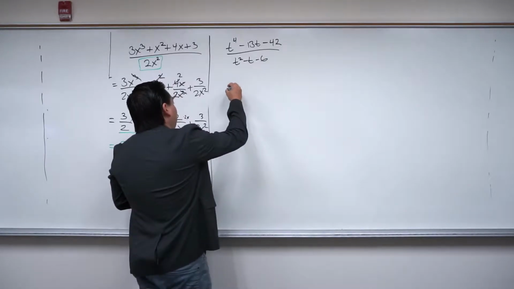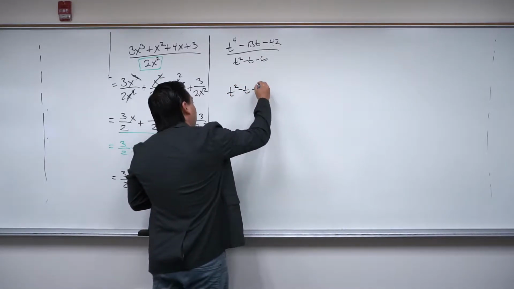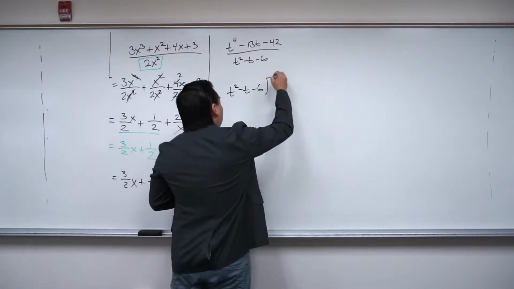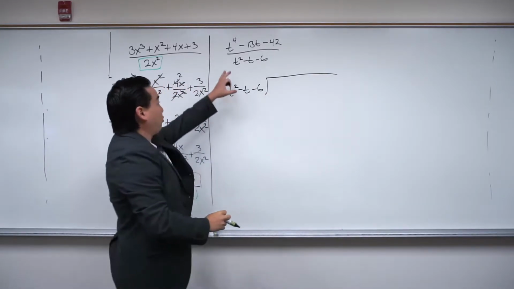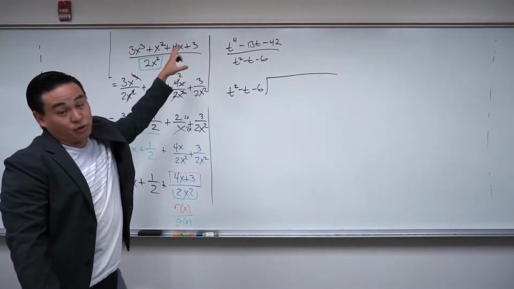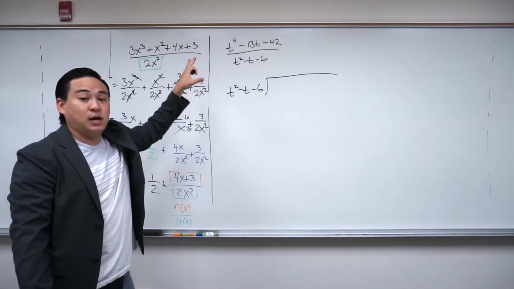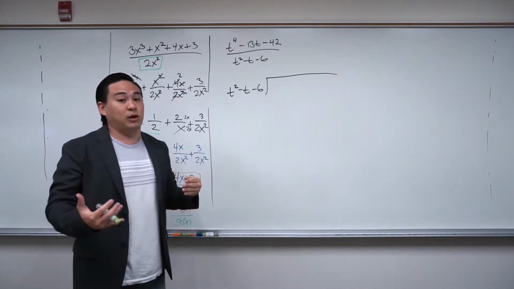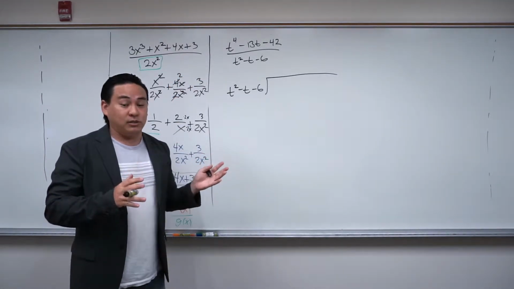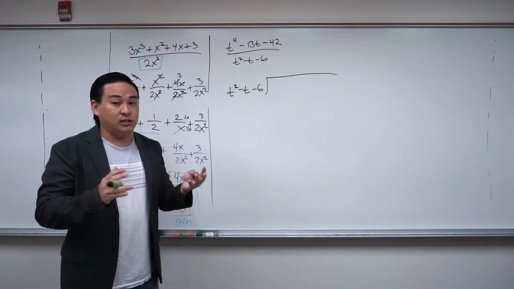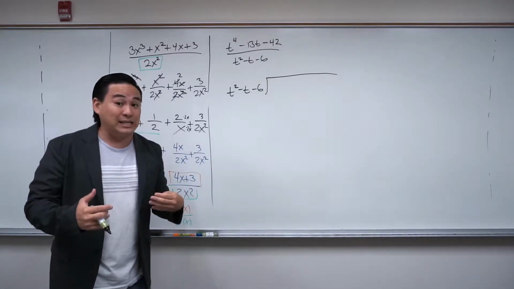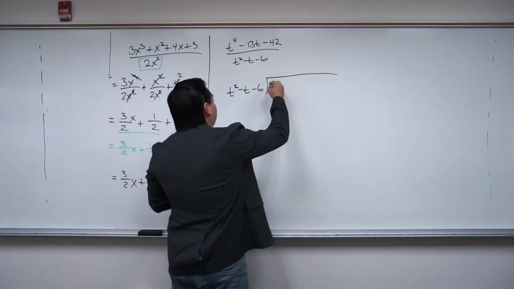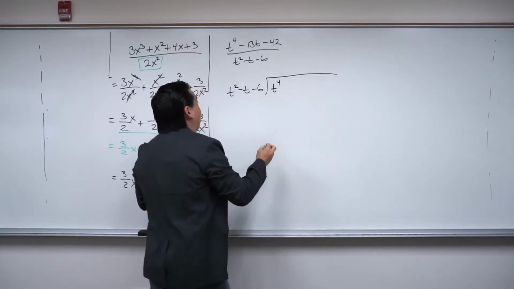So the bottom goes on the outside. Inside the division, you want to write the polynomial on the top. But on the polynomial on the top, to help you keep track of everything, write out the 0 t squareds, t cubes, whatever is missing, so that you can keep track of the powers.